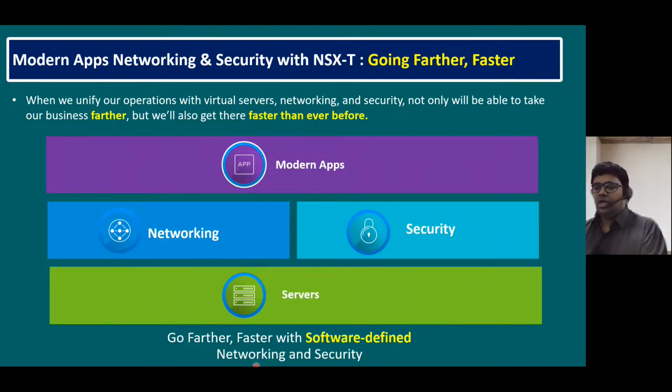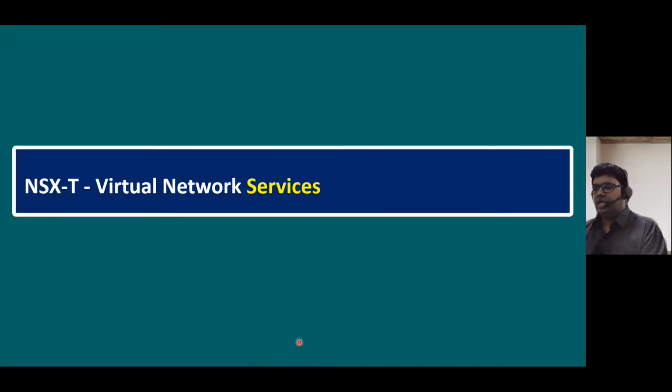Now let's talk about NSX-T virtual network services. When we create an ESXi host, install ESX and create a virtual machine, we get a software generated machine. It provides all virtual components like vCPU, vmemory, vdisk and NIC.